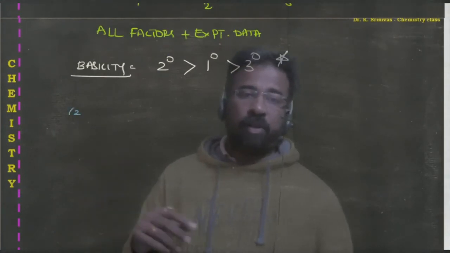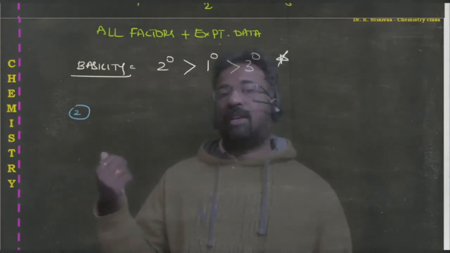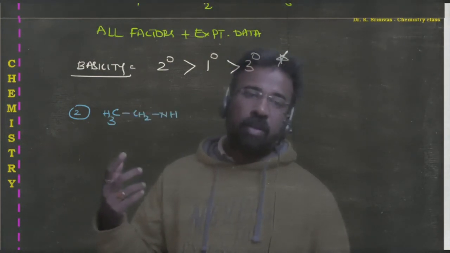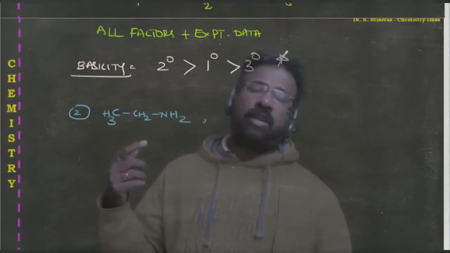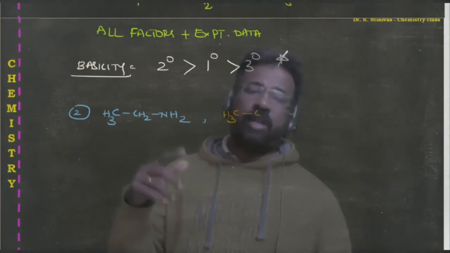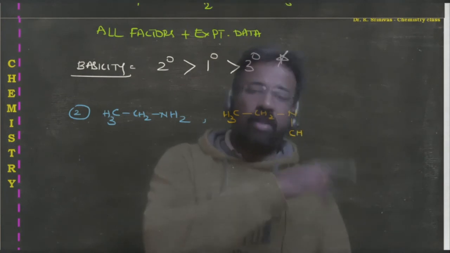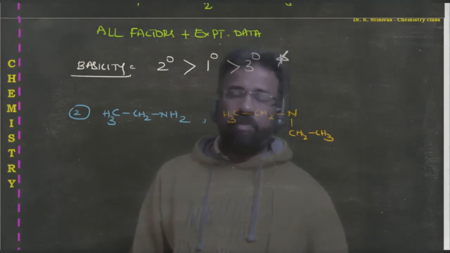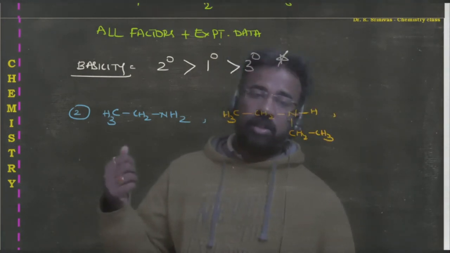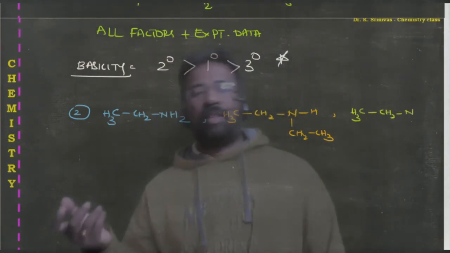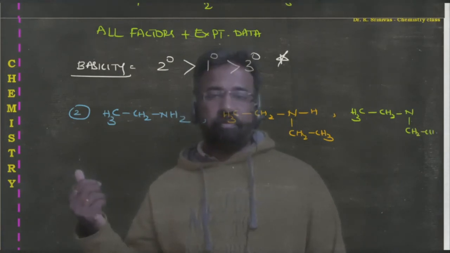Next, let us go to the second one, the ethyl derivatives. Ethyl means CH3CH2NH2. If you have two, then it is the secondary one; if you have one more, the tertiary one. Instead of CH3CH2, we can replace that entire thing by an abbreviation like Et.